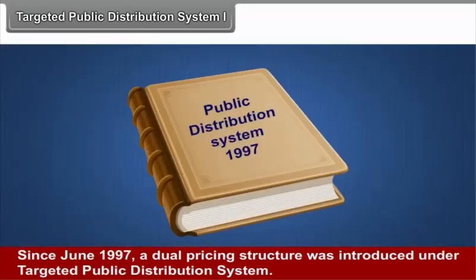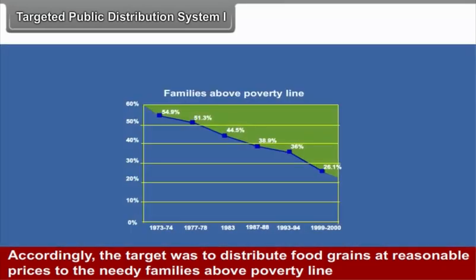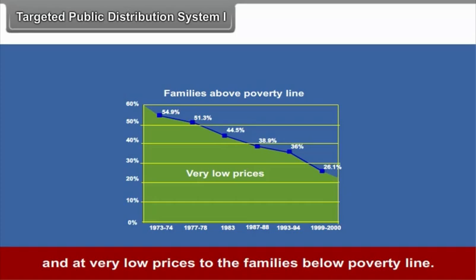Targeted Public Distribution System. Since June 1997, a dual pricing structure was introduced under targeted public distribution system. Accordingly, the target was to distribute food grains at reasonable prices to the needy families above poverty line, at a very low price to the families below poverty line.